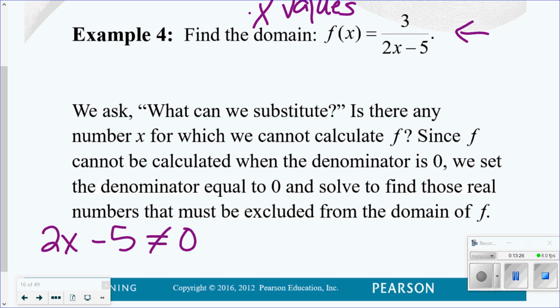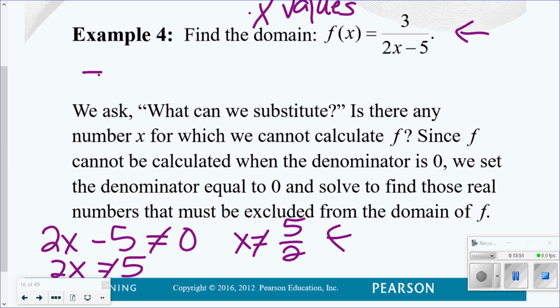Let's set that not equal to 0 in this case, and let's solve. We'll add 5 to both sides, so 2x not equal 5, which means x cannot equal 5 divided by 2, 5/2. Okay, that is the only number that is excluded from the domain.